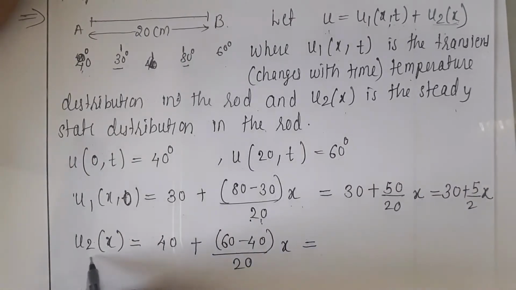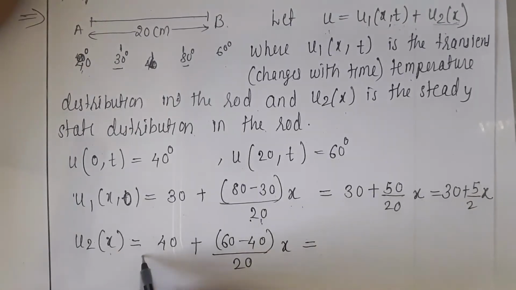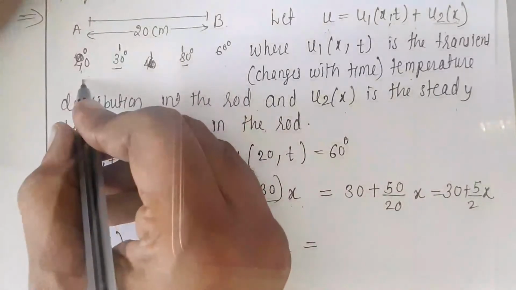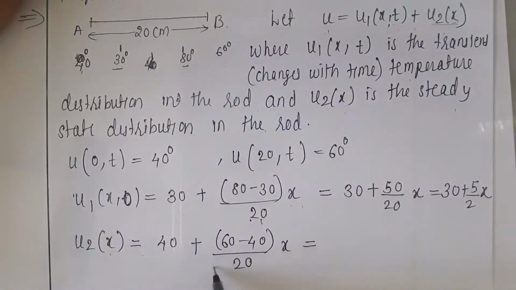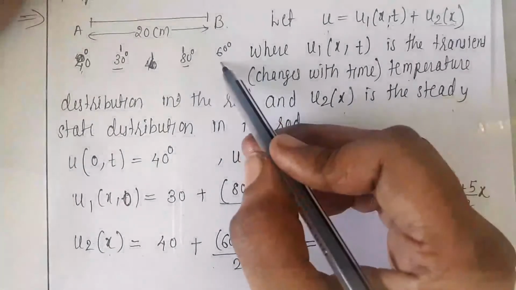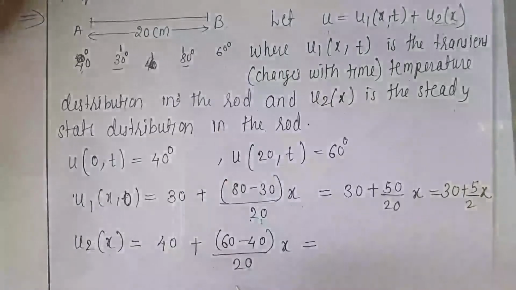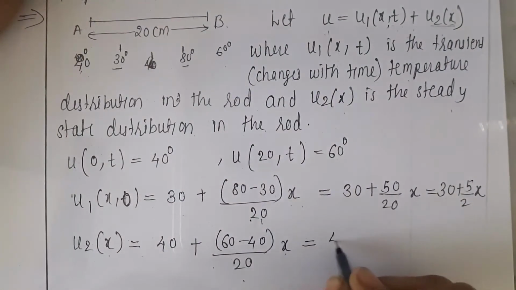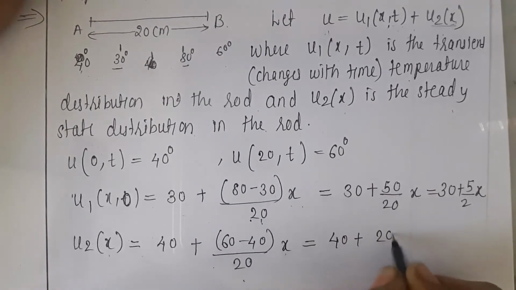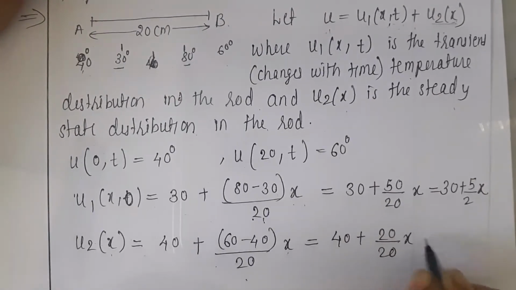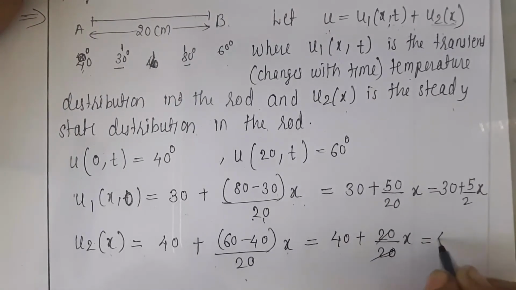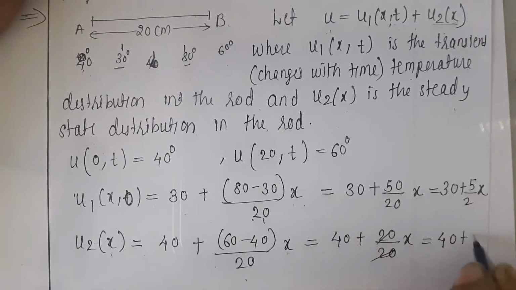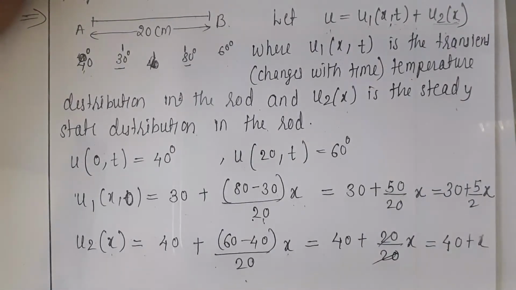We are only going to find the steady state temperature. Steady state temperature is 40 degree initially, plus at the end it is 60 minus 40 divided by 20 multiplied by x. So this is equal to 40 plus 20 divided by 20 multiplied by x. So 20 get cancelled. It is equal to 40 plus x.